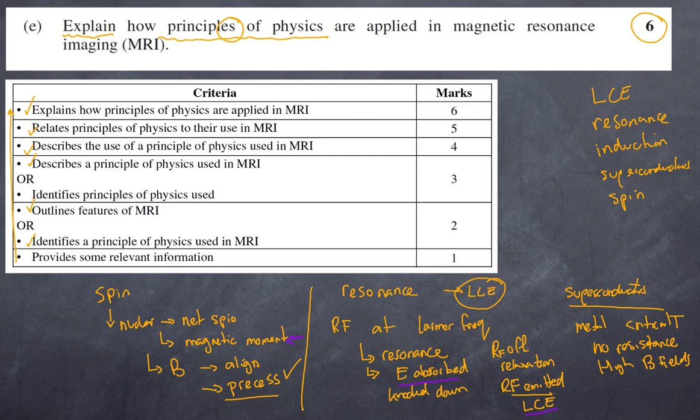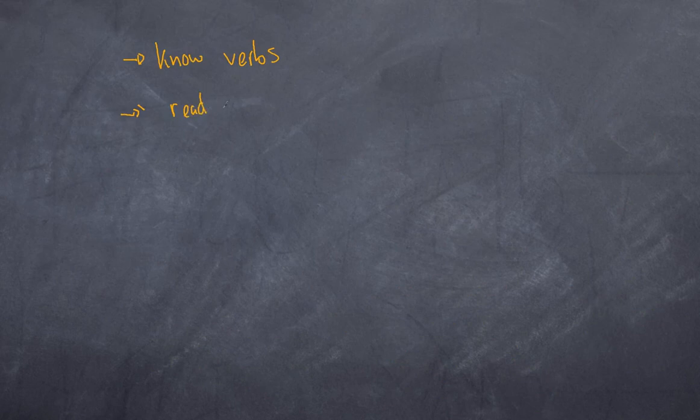I want to finish by highlighting a couple of the issues I've raised as the meta-narrative. Number 1, make sure you know your verbs. Number 2, read your question carefully. For example, are there plurals? Okay, look at all the phrases.